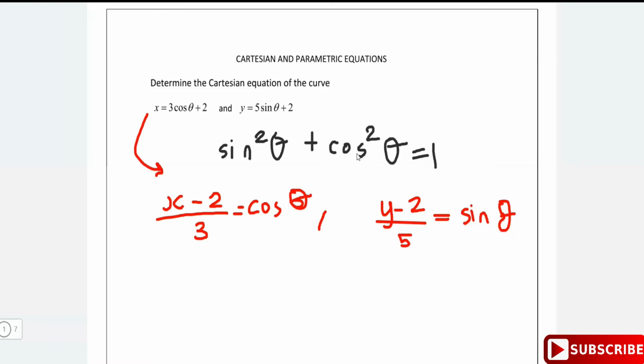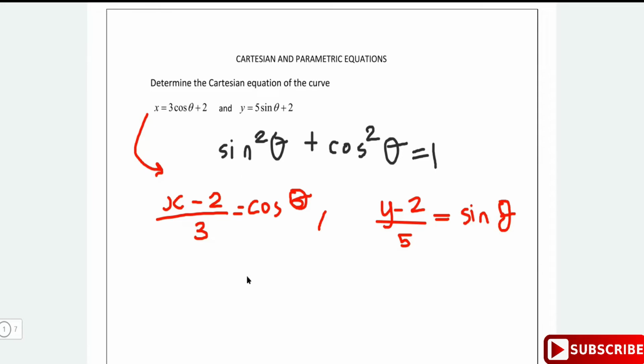Now we know that sine squared plus cos squared is equal to 1. So we're going to plug in cos theta as x minus 2 over 3 in this formula, and plug in sine theta as y minus 2 over 5.